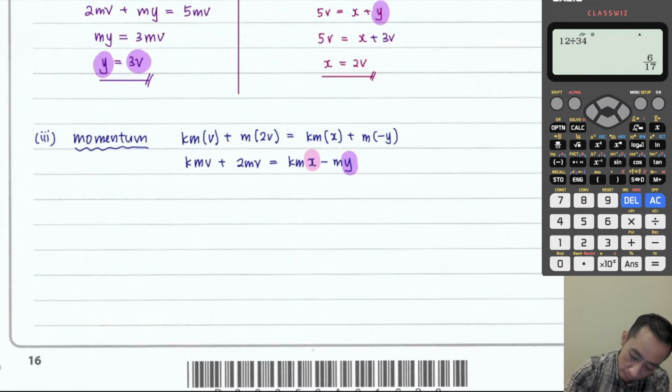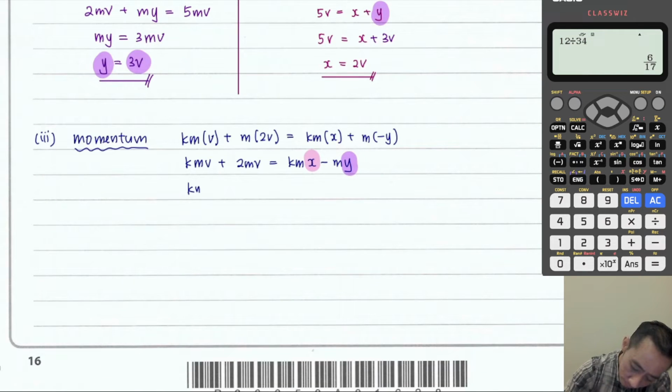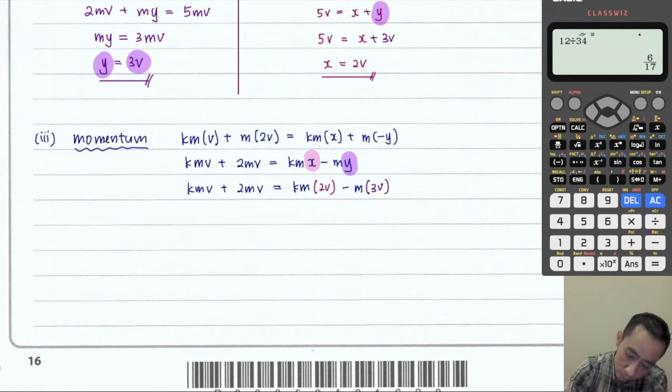So here I have kmv plus 2mv, km times x which is 2v, and then minus m times y which is 3v. So kmv plus 2mv equals 2kmv minus 3mv.